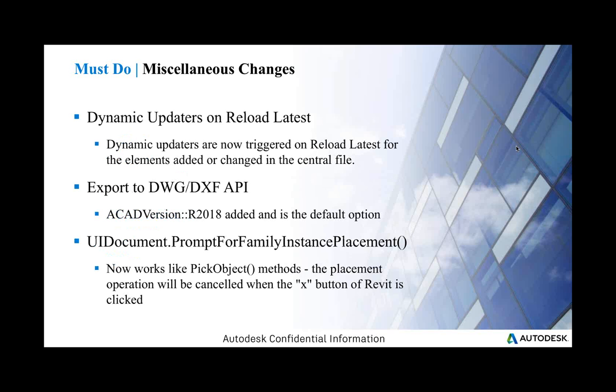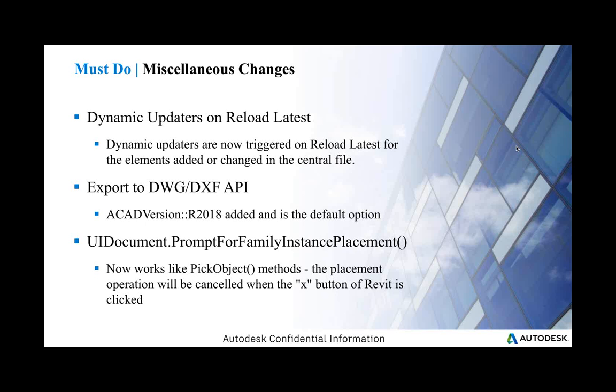Then we've got some various changes that might affect specific applications. For instance, the dynamic updater is now triggered on reload latest, so that when elements are added and changed in the central file and that is reloaded, you can be notified of that situation.